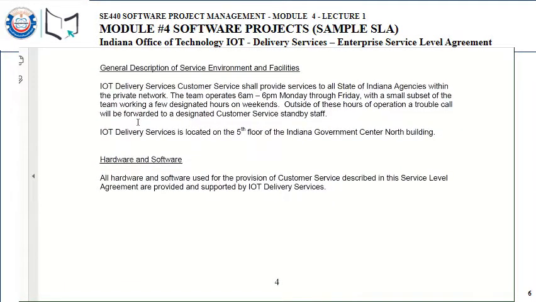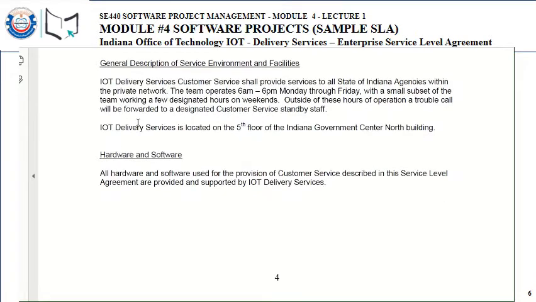Look at here, it's a general description of the service environment and facilities, the Indiana Office of Technology Delivery Services. Customer service shall provide services to all State of Indiana agencies within the private network. The team operates 6 a.m. to 6 p.m. Monday through Friday, with a small subset of the team working a few designated hours on weekends.